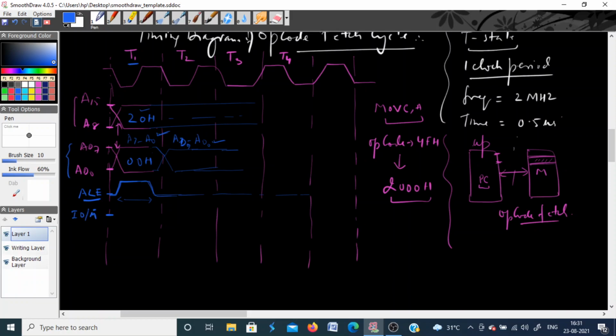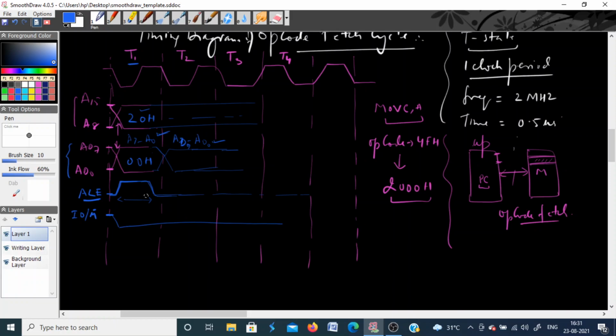This indicates whether it is a memory read operation or an input output operation. Since you are fetching the instruction from the memory, it is an opcode fetch cycle, so this signal must be kept at logic 0. For the entire part, it will stay at logic 0. It will go from 1 to 0 in the very first clock period, indicating that it is an opcode fetch cycle.